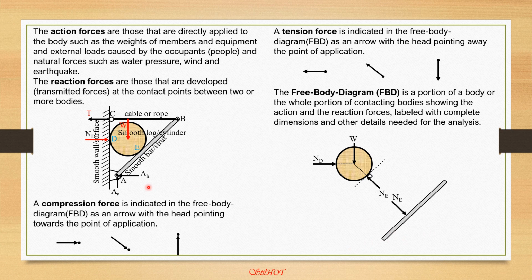However, for the external reaction forces, they remain the same directions. Then we have the tension force at B due to the rope or cable. So that's the free body diagram. What is missing here is that if the dimensions are given, then we also have to draw or label the dimensions.